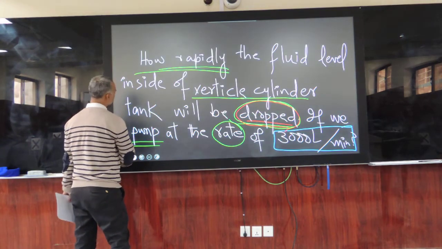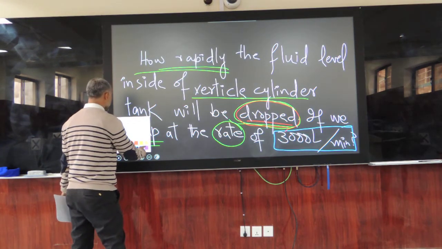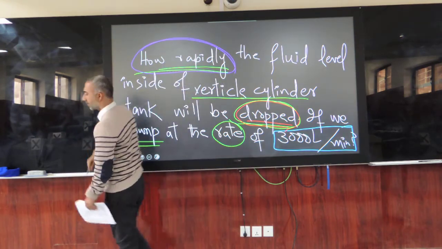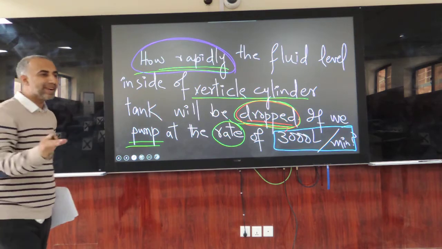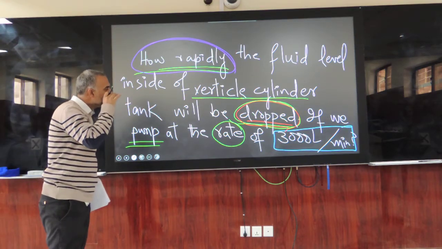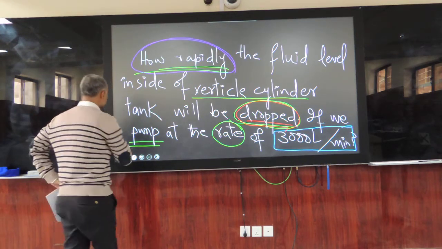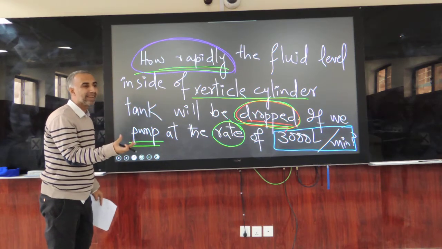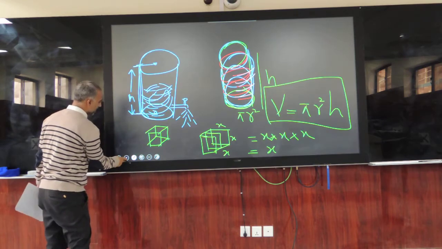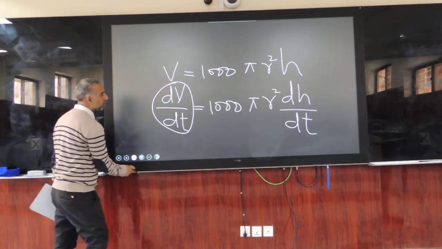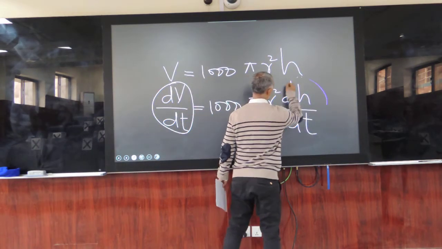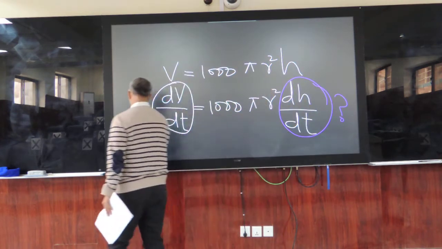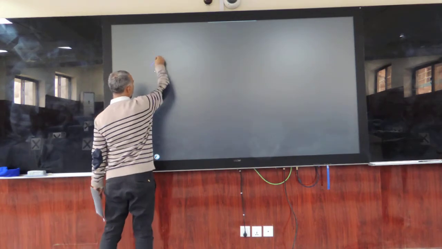How rapidly is the question mark, and no one will tell you, so you should explore the information technically. How rapidly means how the height is decreasing with respect to time. You need to know the value of this.